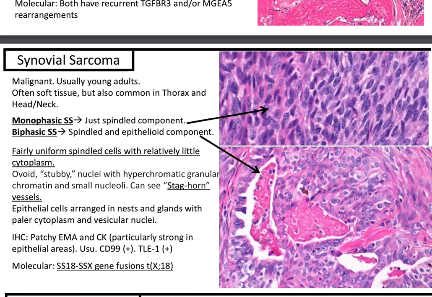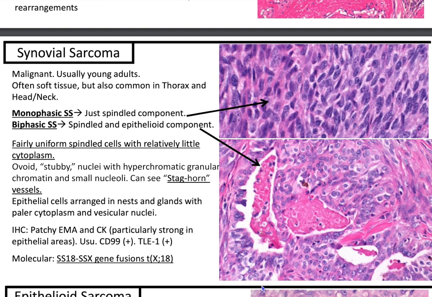Synovial sarcoma. These are malignant, usually young adults, often soft tissue, but also common in the thorax and head and neck. You can have two types, monophasic synovial sarcoma, just the spindled component, and biphasic synovial sarcoma, where you have spindled and epithelioid components. And these are fairly uniform spindled cells with relatively little cytoplasm.